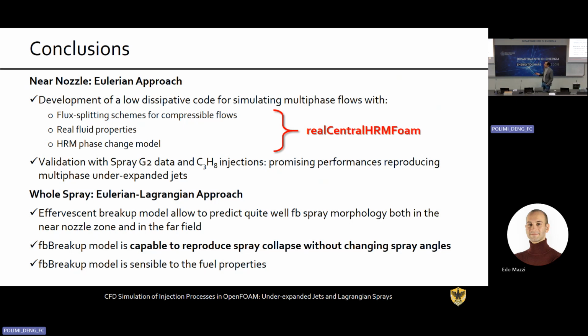And we validate, obviously, the approach with the Spray-G data. The second part of this presentation regarded the Eulerian-Lagrangian approach and our idea of an effervescent breakup model, a different breakup model ruled by thermodynamics.